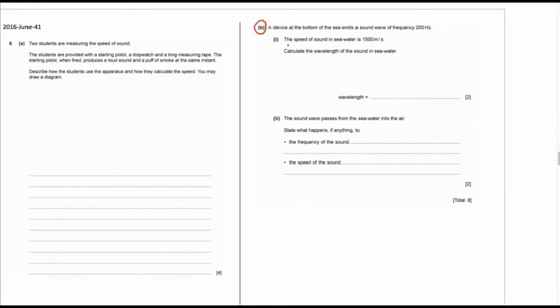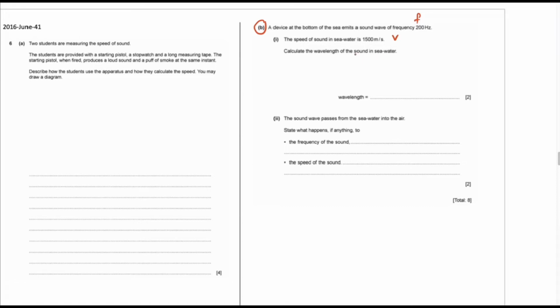A device at the bottom of the sea emits a sound wave of frequency 200 Hertz. So this is frequency. The speed of sound in seawater is 1,500 meters per second. So this is v. Calculate the wavelength of the sound in seawater.